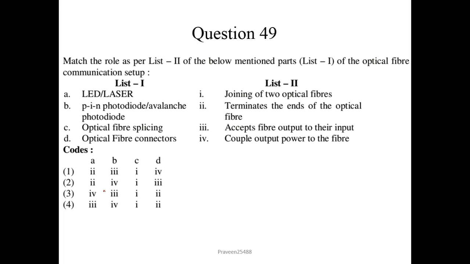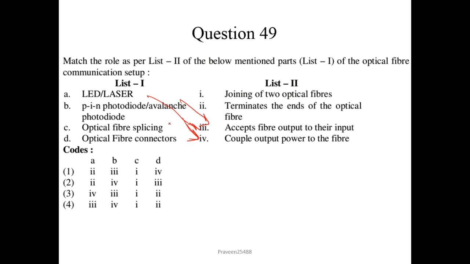Now question number 49. Match the role as per list 2 of the below mentioned parts of list 1 of the optical fiber communication setup. So here LED or laser will be matched with couple output power to the fiber, here is fourth one. Pin photodiode, avalanche photodiode, this is with third one: accepts fiber output to their input.